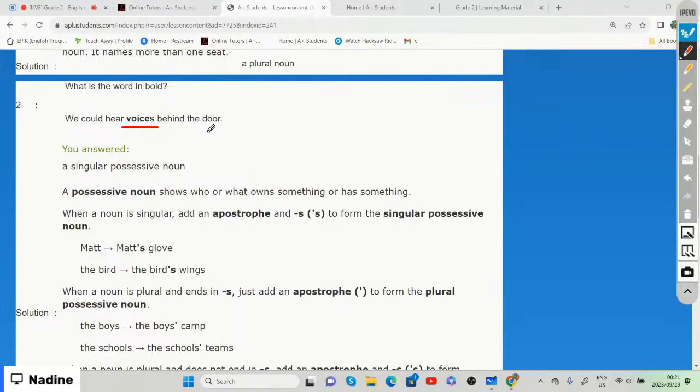All right, so voices. Remember, we said that if there is no apostrophe, or no apostrophe and S, then it does not give us the idea that it is possessive. It does not show ownership, or that somebody has something, which means that this only shows that it is a plural noun. It shows more than one voice that is being heard. We could hear more than one voice behind the door. So this is a plural noun.